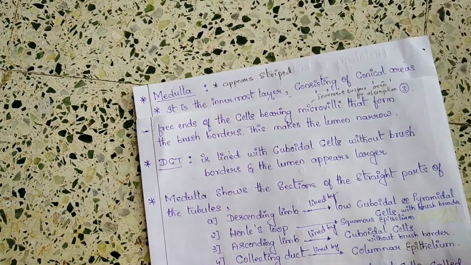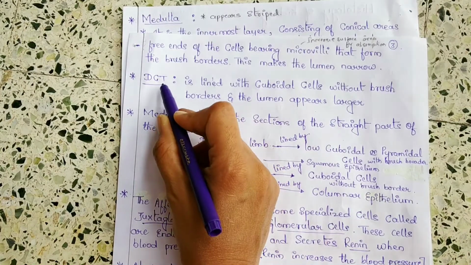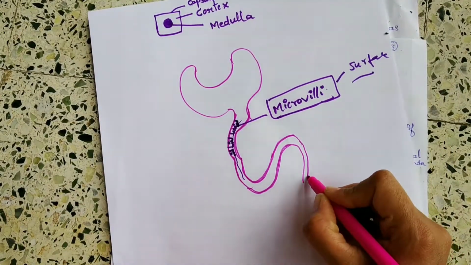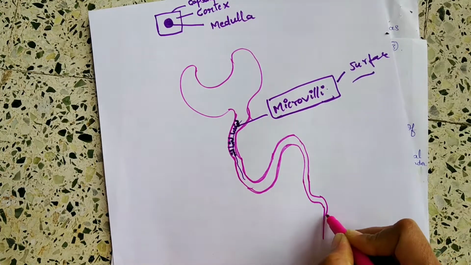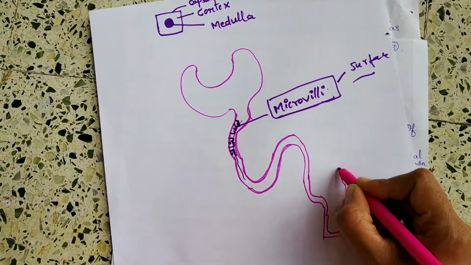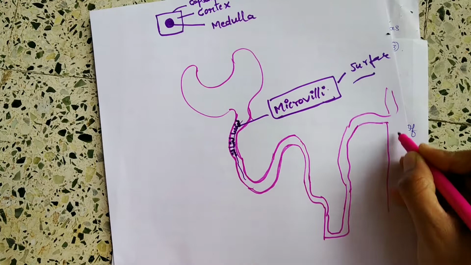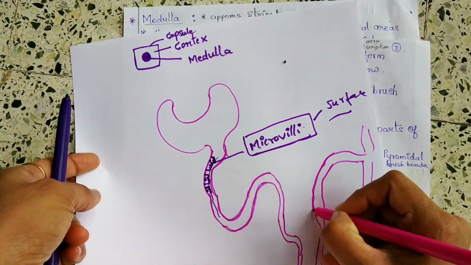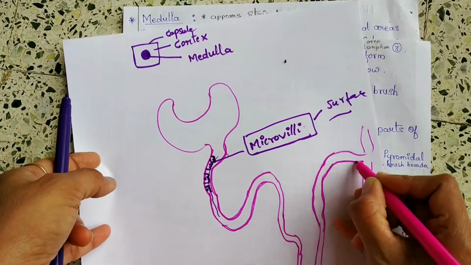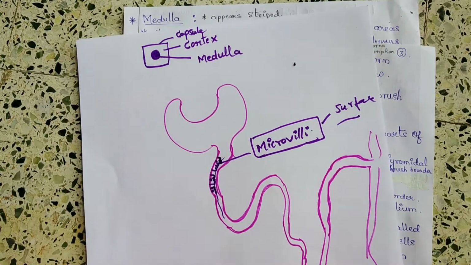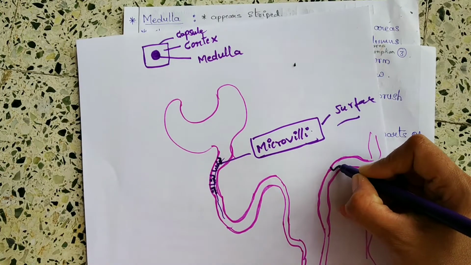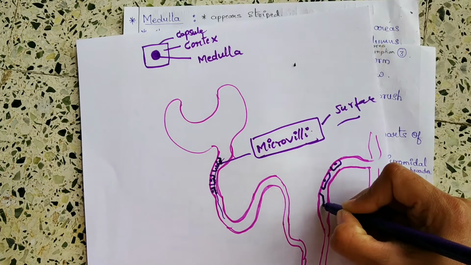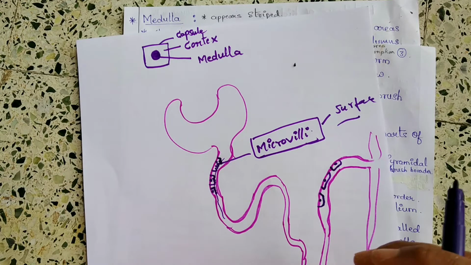Now the next point, that is the distal convoluted tubule. If you draw it like this, this distal convoluted tubule is also made up of cuboidal cells, but the microvilli are absent. If present, only very few, one or two, you can find.